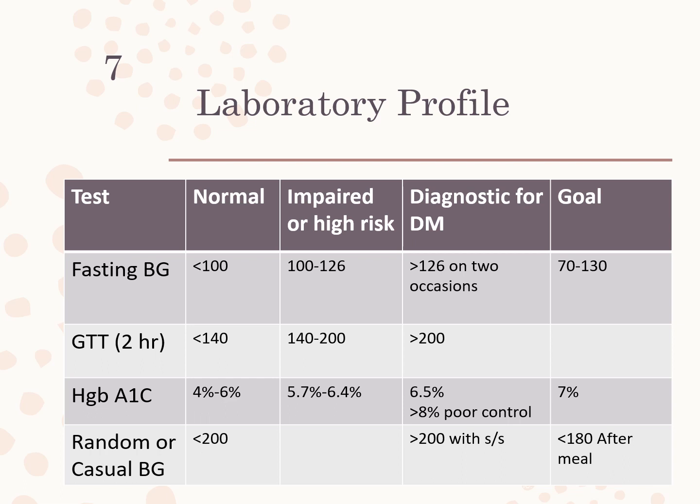If they're greater than 8%, they are very poorly controlled. Either they're newly diabetic and their sugar is completely out of whack, or they're diabetic and they've not been taking care of themselves very well. They'll tell you that their sugars are great. Sometimes they'll even make up numbers. I'm like, hey, let me see your log of your blood sugars, because they usually keep a log, and they'll tell you stories.